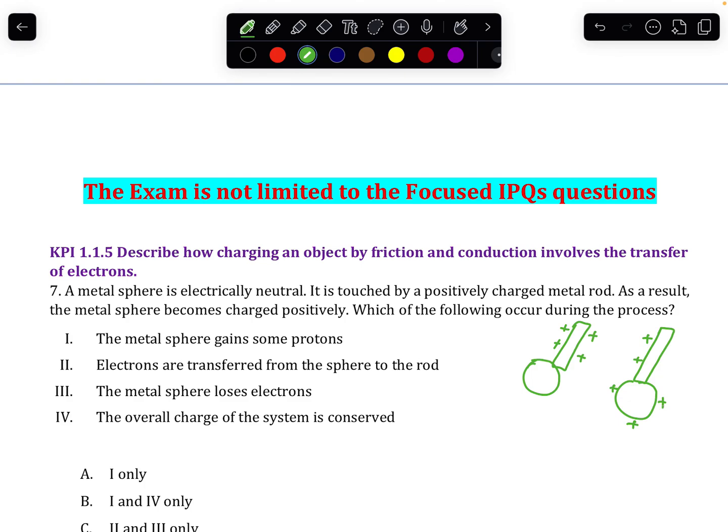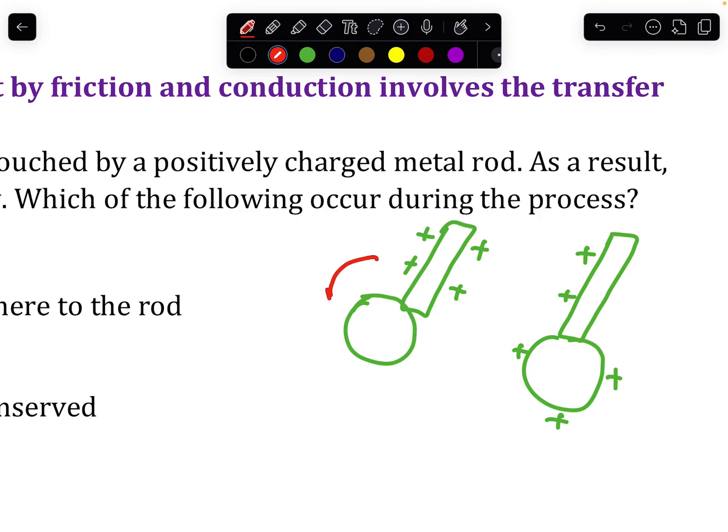Why does this happen? It's wrong to think that positives can be transferred. Eventually, the electrons from the neutral sphere, as if they felt sorry for the rod, went onto the rod, leaving the sphere with some positives because they leave vacant places.